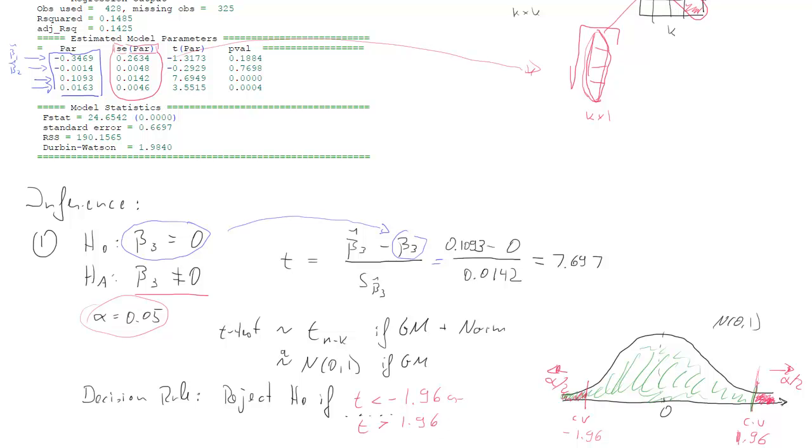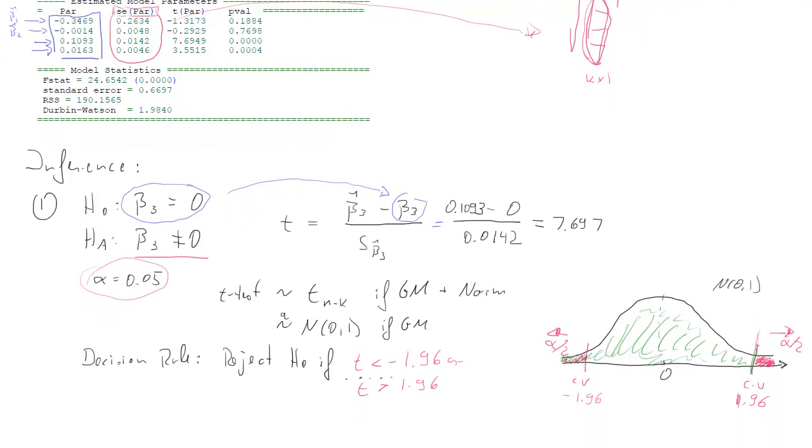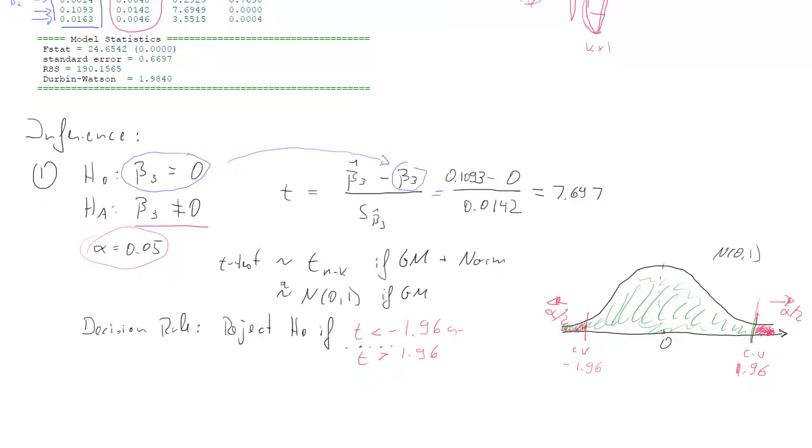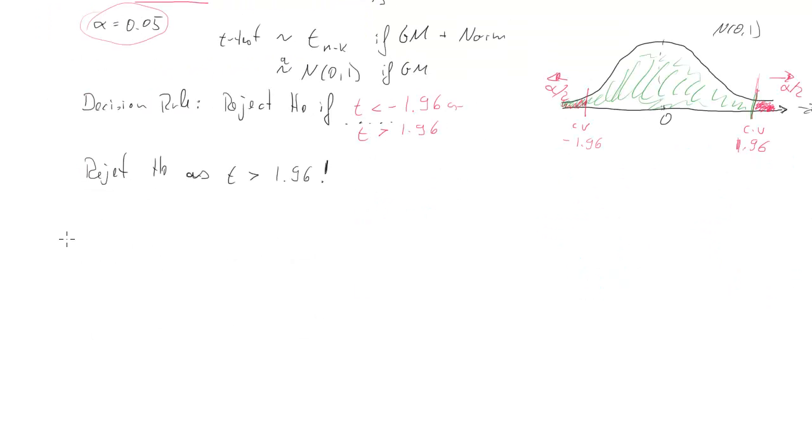With that in mind, we can make a decision, because our particular t-statistic is way off over here, off the screen in fact, and therefore the decision is we reject H0, applying this rule, as t is larger than 1.96. So let's continue to the second example.